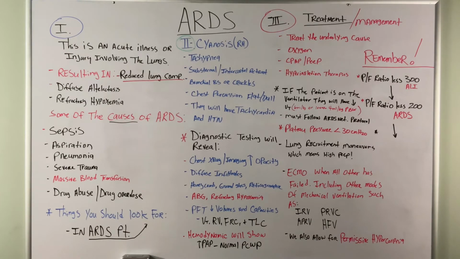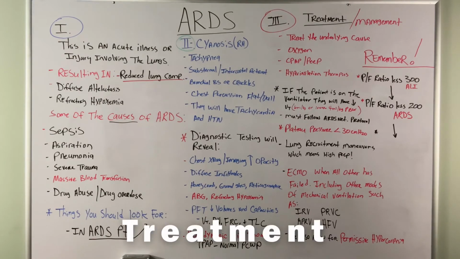Hemodynamically, you will see an increase in the PAP, or pulmonary artery pressure, but the PCWP, pulmonary capillary wedge pressure, will be normal. So elevated PAP, and a normal PCWP.